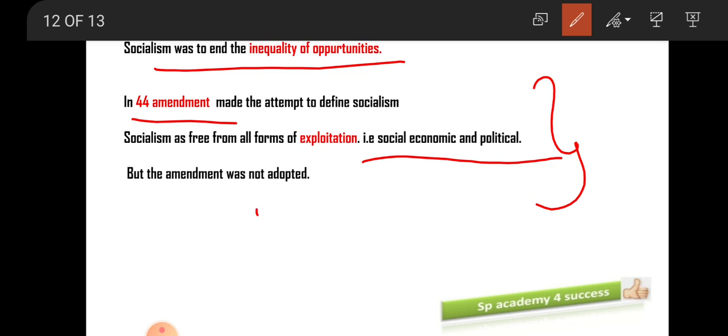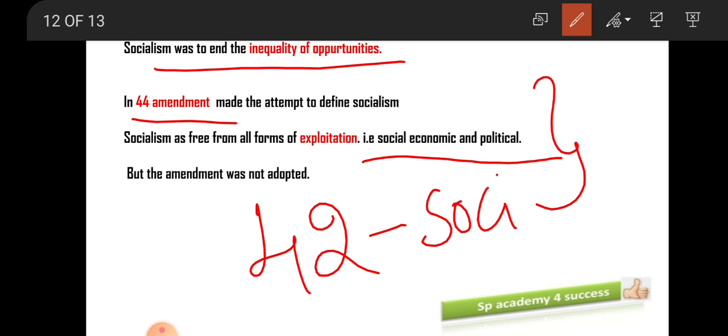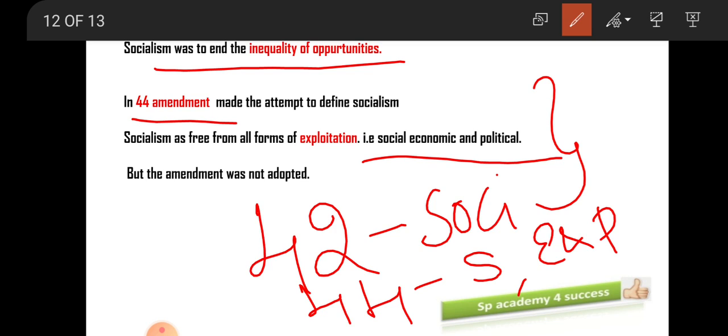During the 42nd amendment, we introduced the term socialism in the preamble. In the 44th amendment, they made an attempt to define socialism. According to that definition, they wanted to say that socialism in India means social, economic and political socialism, free from all forms of exploitation.